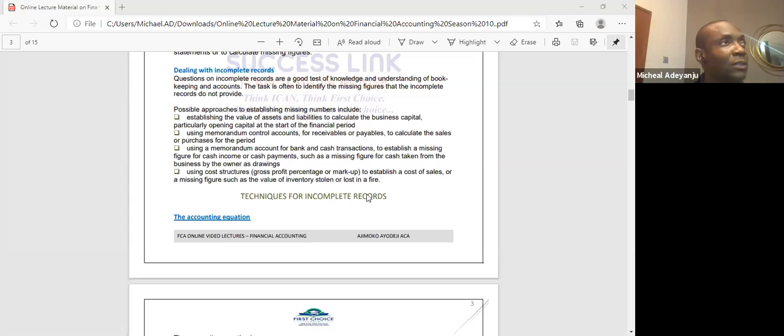The same applies to your purchases. Then you need to look at your payables, your creditors, people you are owing, in order to determine your purchases. And you do this when you are opening or are familiar with your control account.